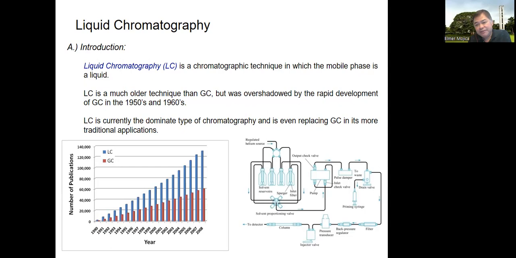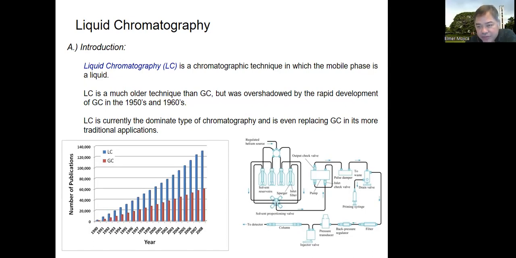I think 85% of all chemicals can be analyzed by LC, and it has started to even replace GC in its more traditional applications. If you look at the number of publications, especially from the 1990s, the number of papers reported for LC methods overlaps.